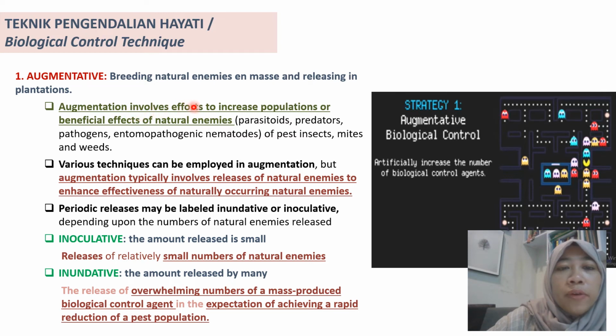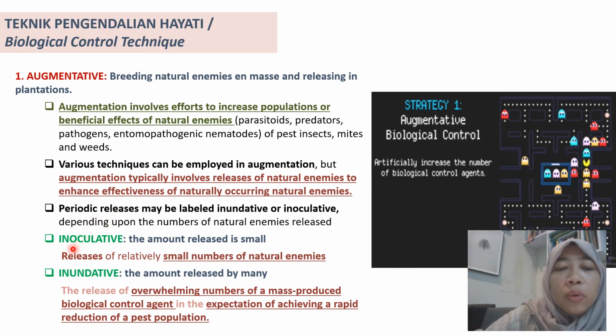It involves efforts to increase the population or beneficial effect of natural enemies. Various techniques can enhance the natural enemies in the laboratory, and there are ways to release them in the ecosystem.